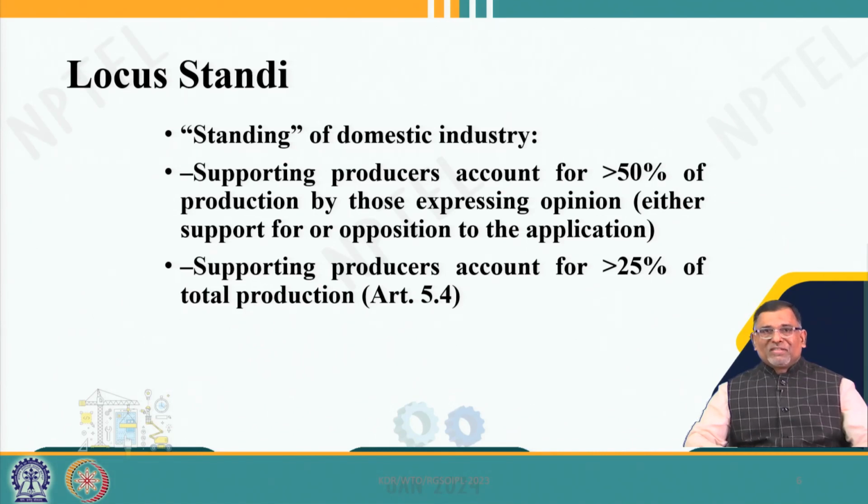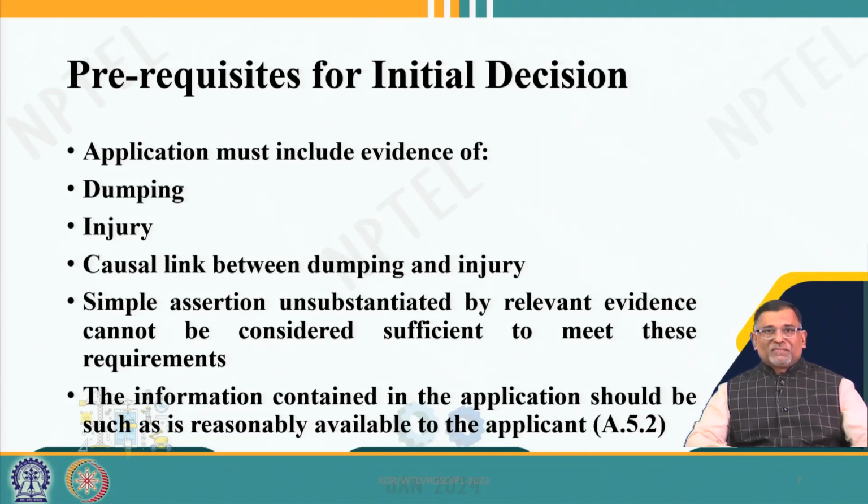So, that means that, as a whole, of the entire producers, those supporting or opposing the application, more than 50% support is required. And also within that 50%, the supporting producers account for 25% of the total production. These are the two economic conditions for submitting an application to the authorities.